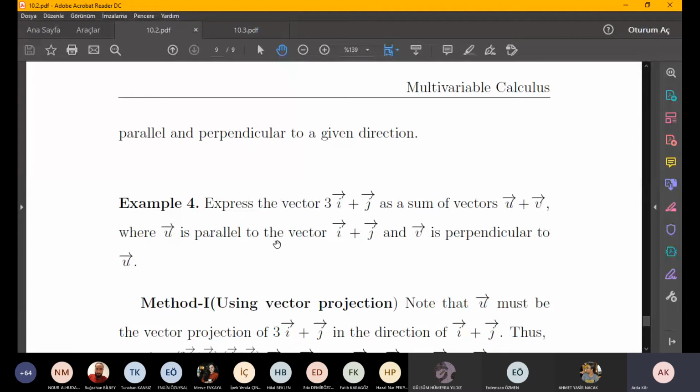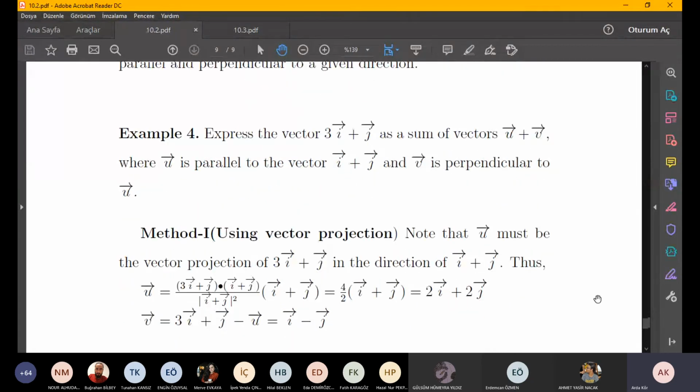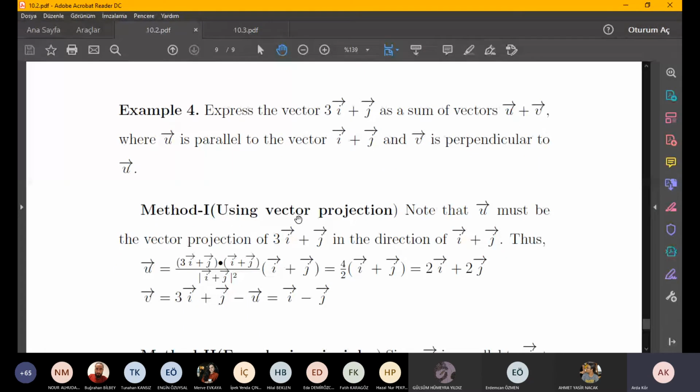So u has to be parallel to this one, and v has to be perpendicular to u. We have two methods to write 3i plus j in that way. First, we will use vector projection.